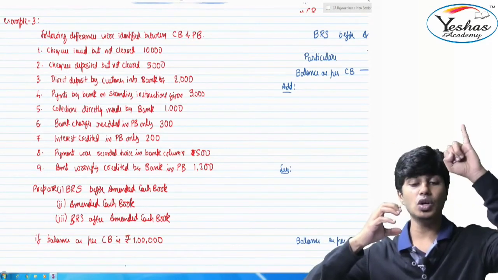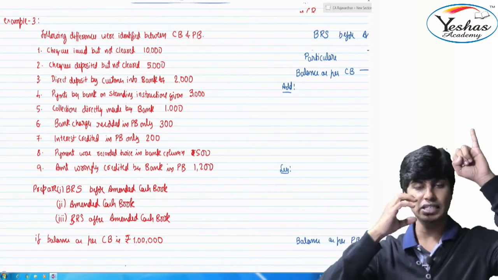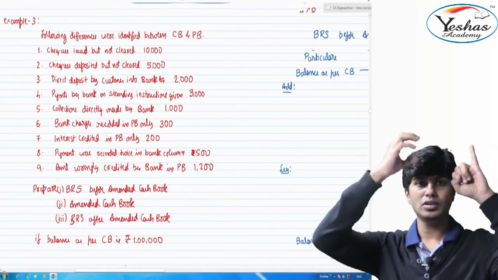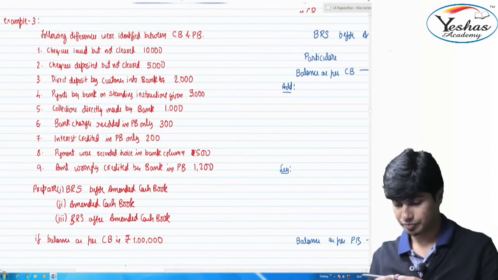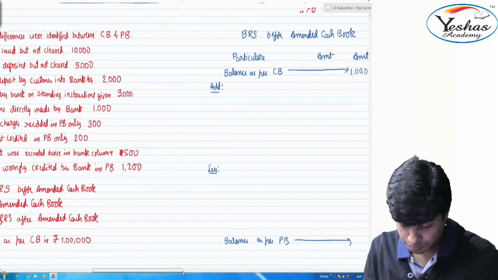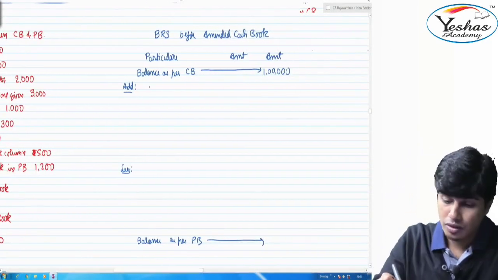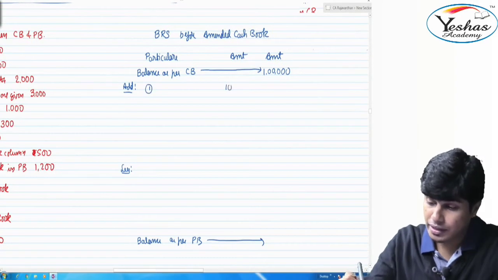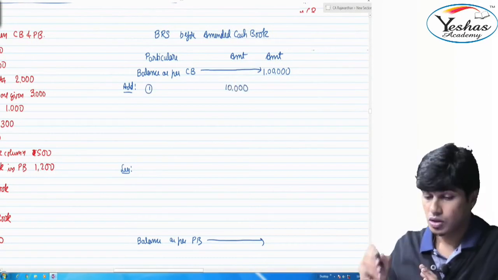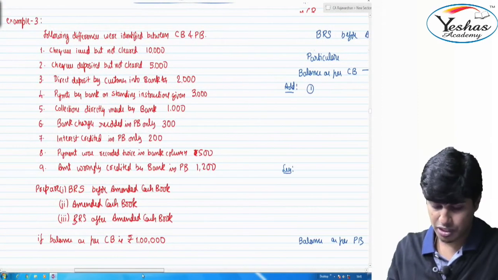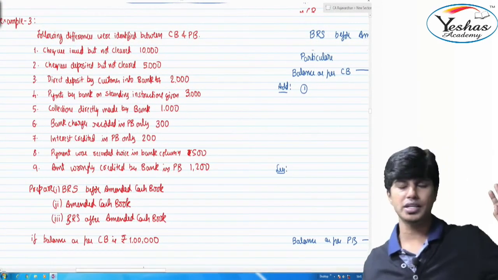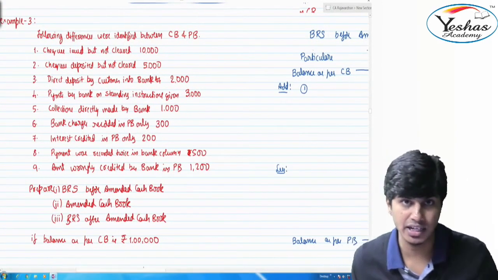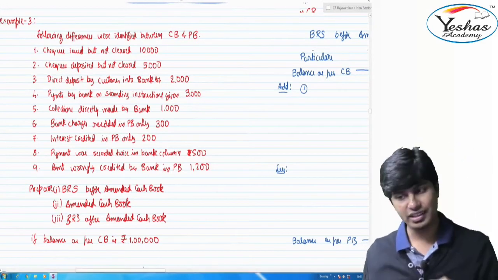What's in your control is basically C. You're starting with cash book, so what do you do? Add. Add how much? 10,000. First 5 minutes of this answer discussion will be the same old BRS, nothing new. After that is when I start teaching something new to you. Till then, it's the same old way.